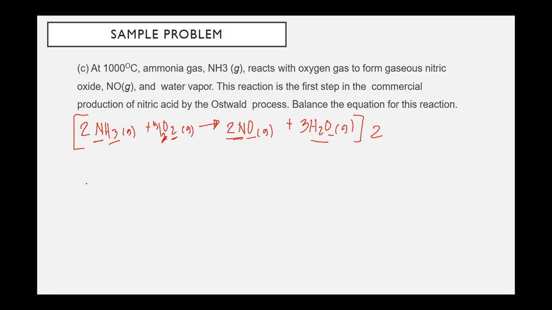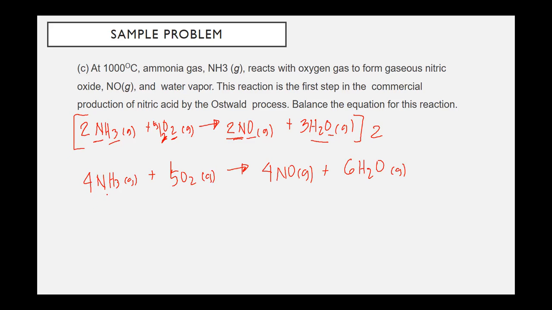So multiplying it by 2, we'll get 4NH3 plus 5O2 yields 4NO plus 6H2O. Yan.